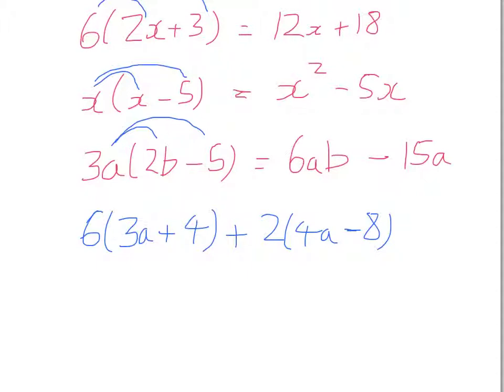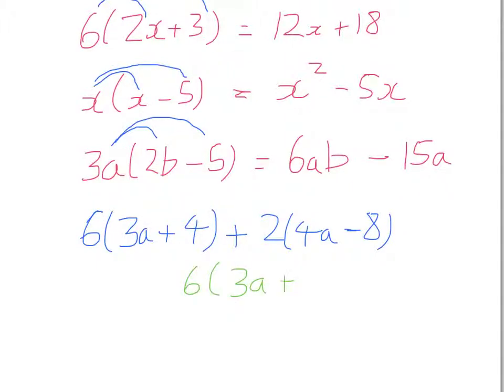Now let's have a look at a grade D style question where we've got 6 in brackets 3a plus 4 plus 2 in brackets 4a minus 8. Now this question in the exam would say expand and simplify. So what we need to do is we need to expand both brackets first, and then we need to collect together any like terms. Now the easiest way to do this is to write our 2 brackets out on top of each other.